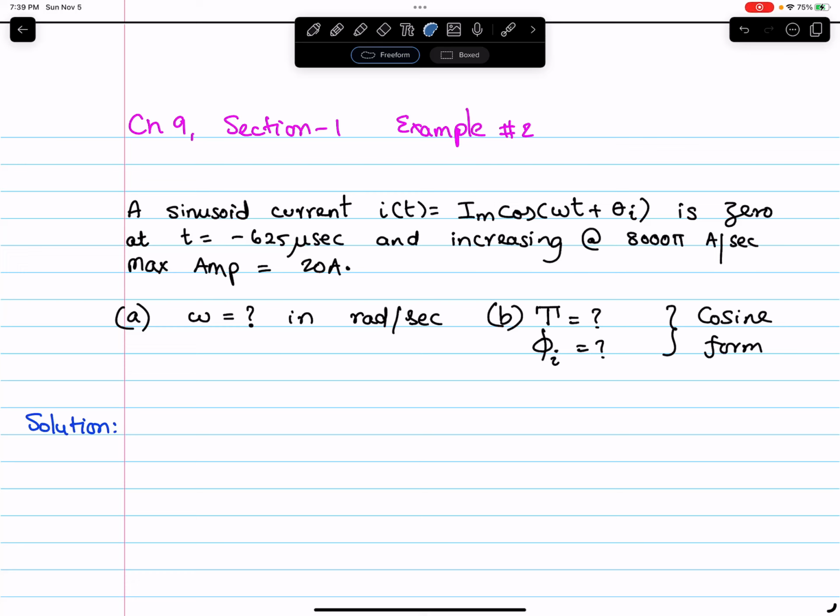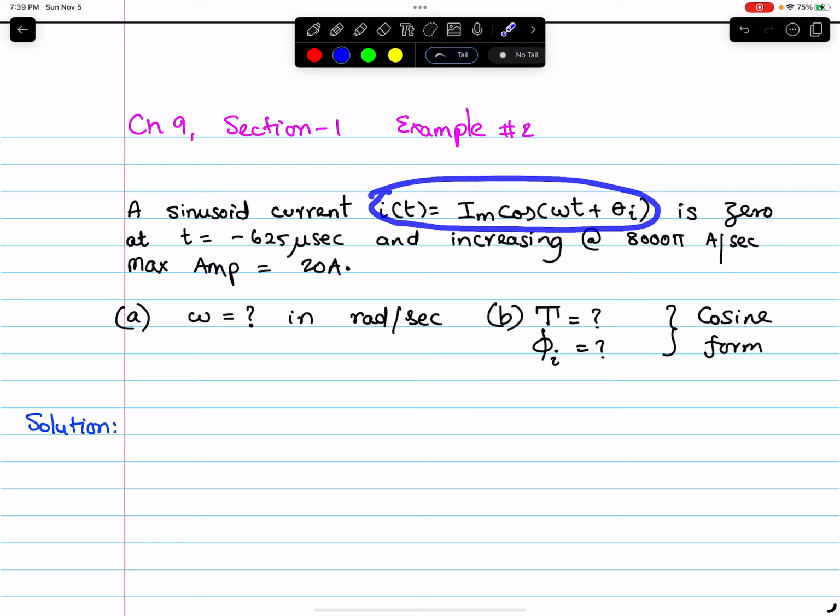Let's do this example problem 2. A sinusoid current i(t) is given by this expression. Now this is 0 at t equals negative 625 microseconds and is increasing at a rate of 8000 pi amperes per second.